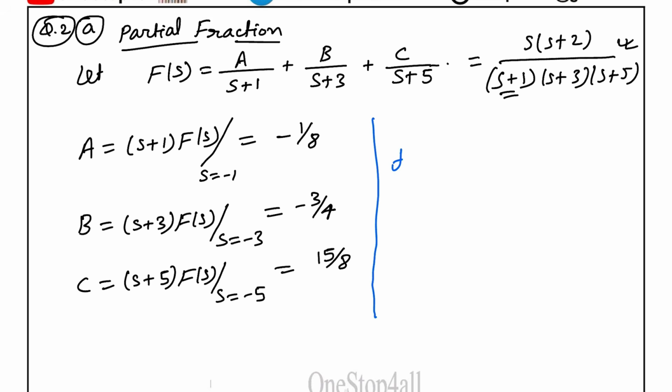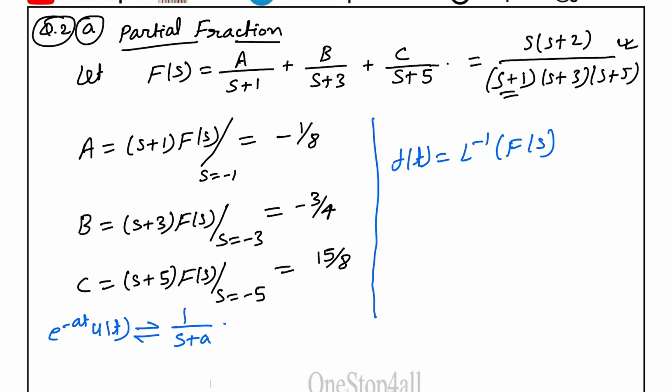Now, what will be f(t)? This is the inverse of F(s). We know that e to the power minus a t into u(t) has Laplace transform 1 by s plus a. It's a simple equation.